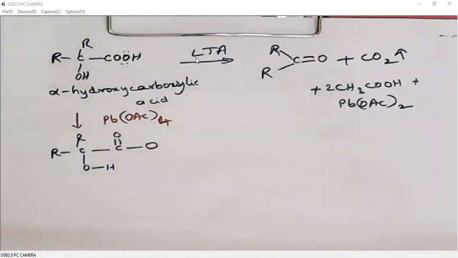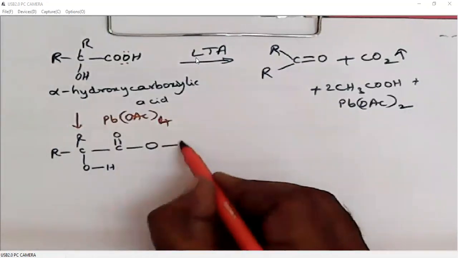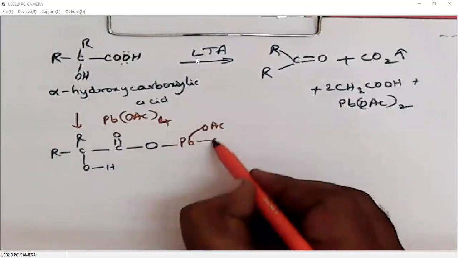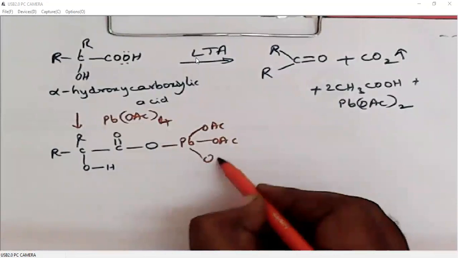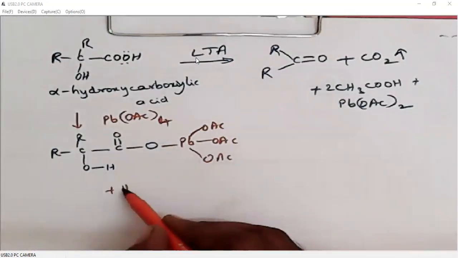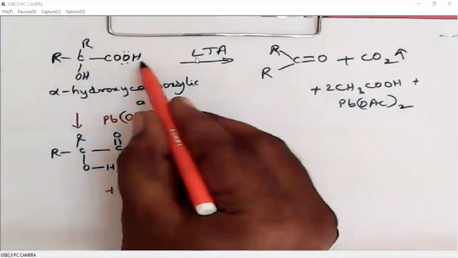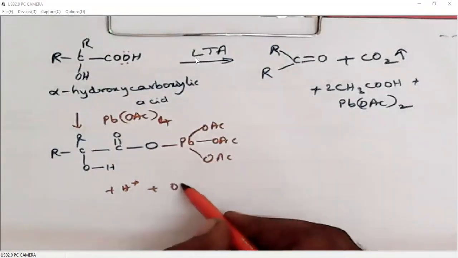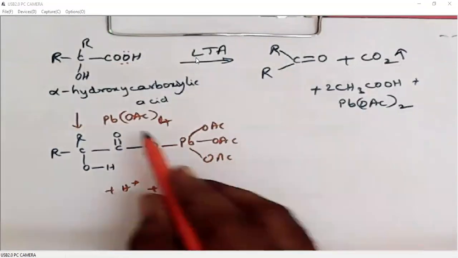We can take out this proton, H plus, and then we can also take out one OAc minus.